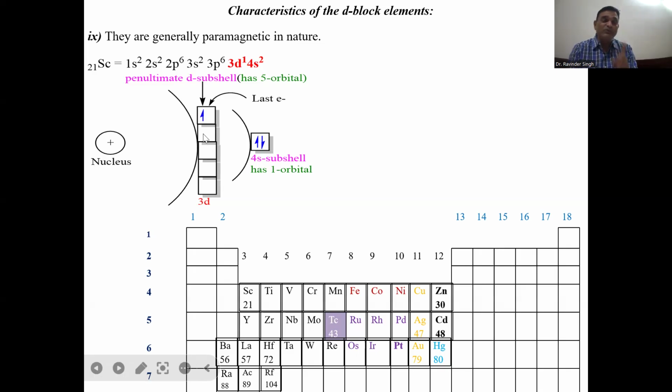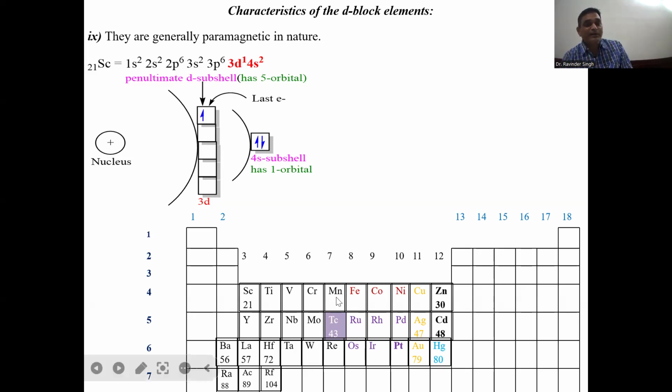Titanium, 22, d2, paramagnetic. Vanadium, atomic number 23, d3, three unpaired electrons. Chromium, 24, is an exceptional case: one 4s electron jumps back into the 3d, so 3d5 4s1, a total of six unpaired electrons, paramagnetic in nature.